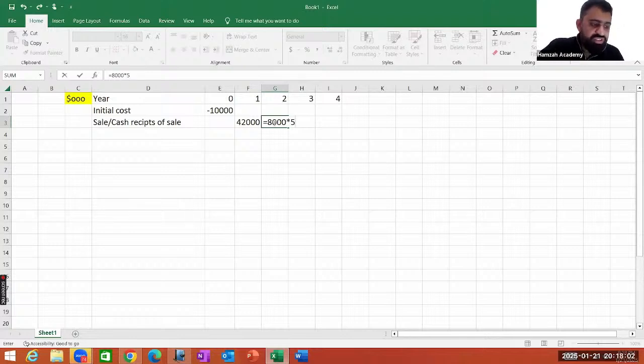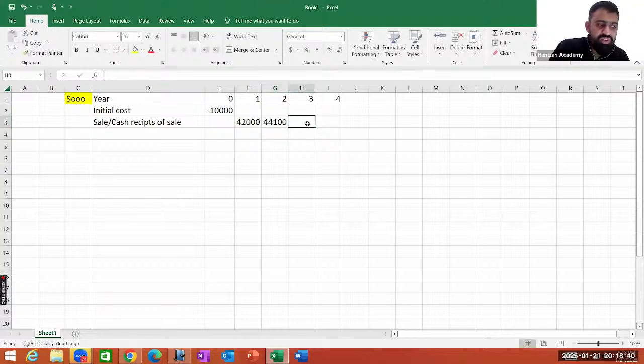In year 2, they have estimated that the sale price would be $5, but again, it is given in current price terms, and you have to multiply it again with the inflation rate of 5%. But this time, you will take the power 2 because it is the second year. Basically, the formula is units into sale price into 1 plus g, which is inflation, raised to power n.